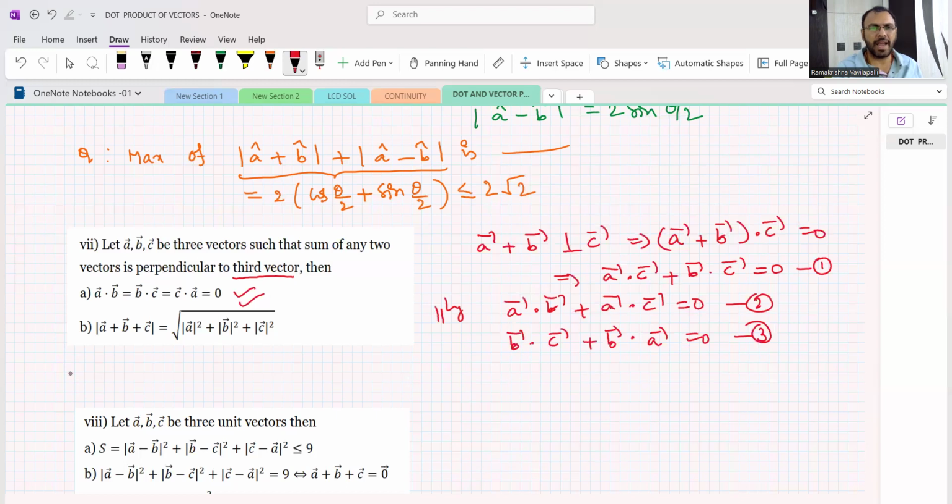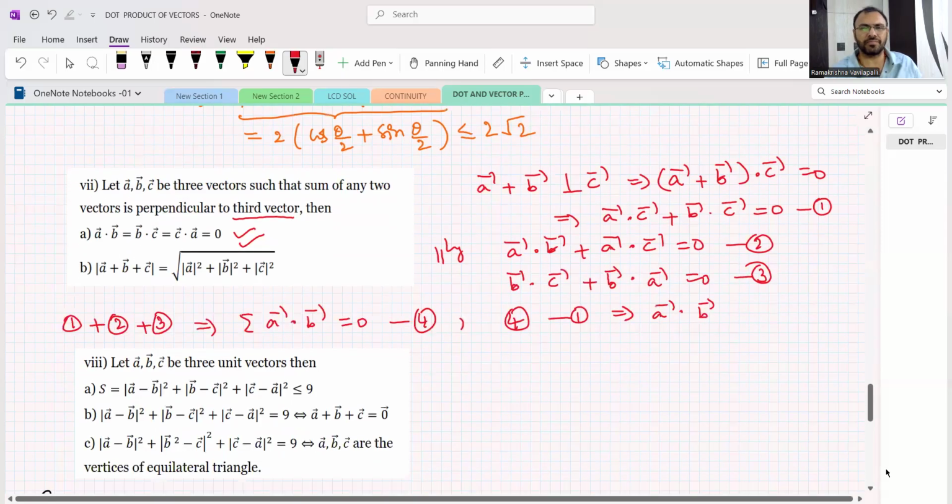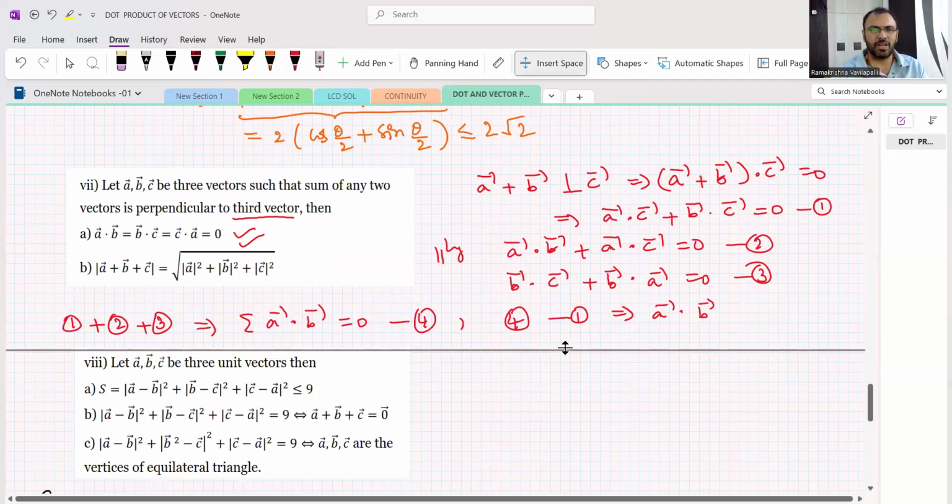Adding 1 and 2 and 3, we get that sigma A bar dot B bar equal to 0. This is the fourth equation. Now you subtract 4 minus 1, you will get that A bar dot B bar equal to 0. Remember, this is a very, very important concept.